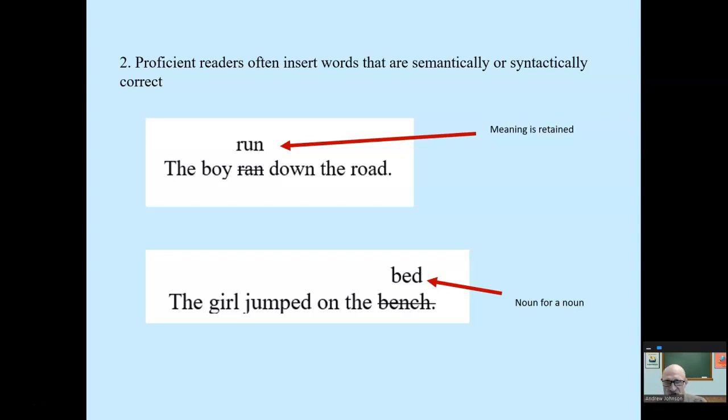Again, this is called a miscue, and this points to the fact that information besides what's on the page is being used to construct meaning. The boy run down the road. Meaning is maintained. The girl jumped on the bed versus the bench, a noun for a noun. That is syntactically correct. Information other than what's on the page is being used.